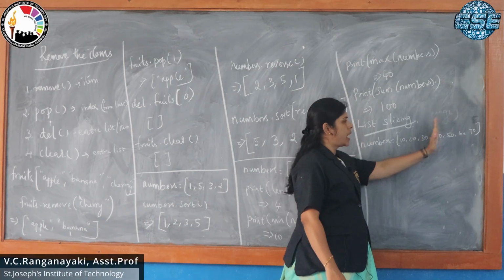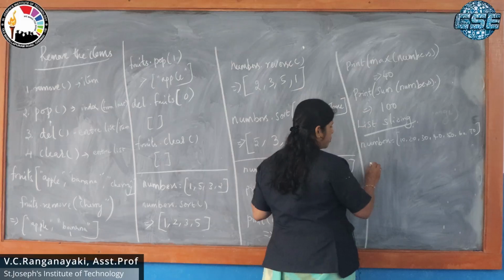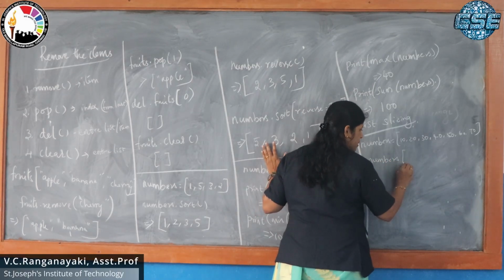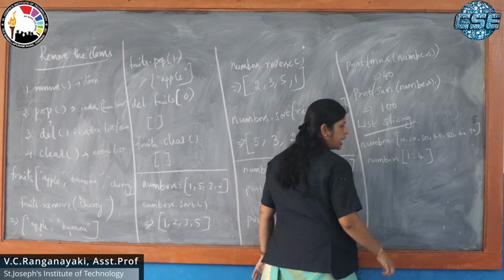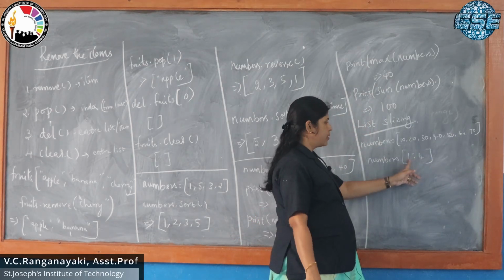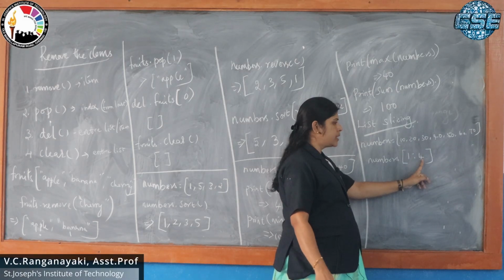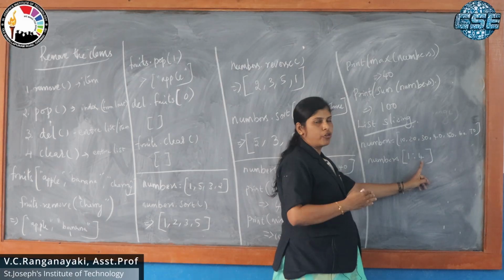For that I can slice the list with the help of the slicing concept. So numbers[1:4]. If I give it like this, it starts from the first index number and ends at the third index, because slicing ends before the number.